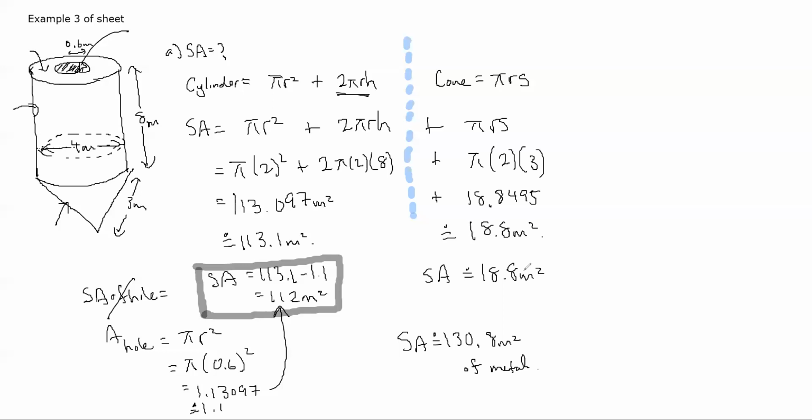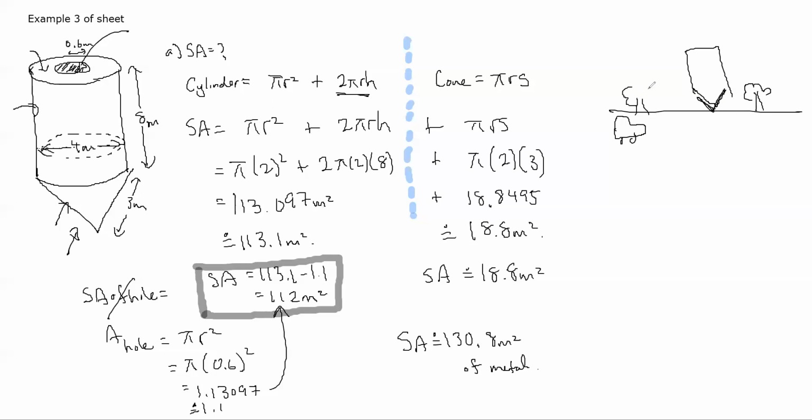If it costs $12.50 per meter squared to cover with anti-rust, that makes sense if this silo is buried underground, which I believe it is because the base is a cone. I don't think that you'll be driving along the landscape and then all of a sudden see a silo standing on its tip, right?